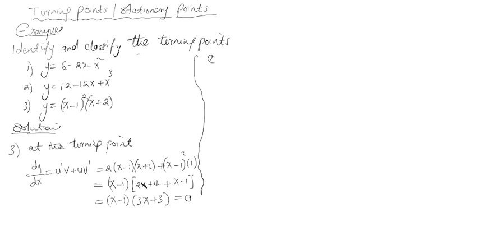It's either x minus 1 is equal to 0, or 3x plus 3 is equal to 0. This implies that x is equal to 1, or 3x is equal to minus 3, which means that x is equal to minus 1.